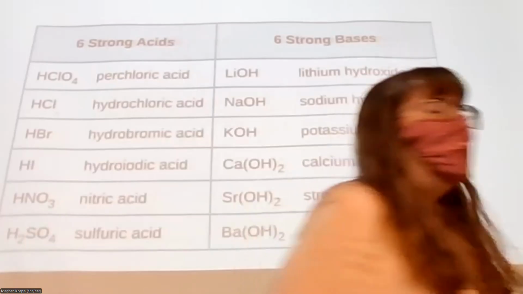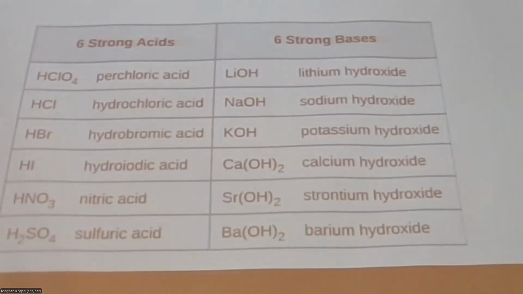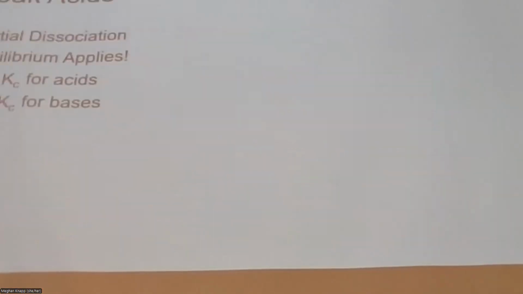For weak acids, the difference is they only partially dissociate, whereas strong acids completely dissociate. So for weak acids, equilibrium applies. Strong acids don't have a Ka because it would be basically infinite. Weak acids have a Ka. Weak bases have a Kb, and it's found in a similar way. We'll talk about bases Friday.